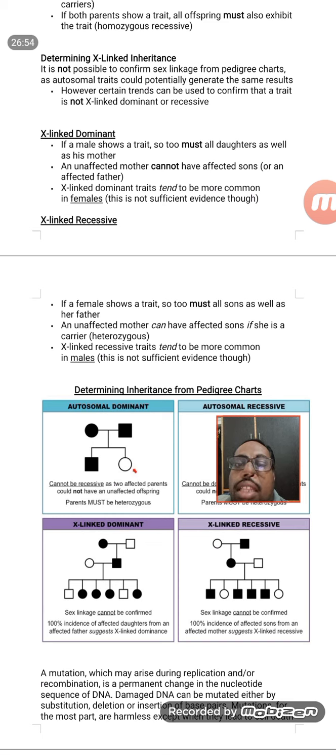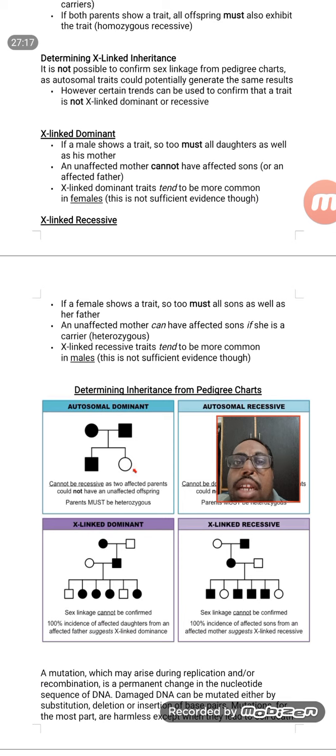What they are saying is that if the male is showing a trait, all the daughters and the mother must be affected or carriers. An unaffected mother cannot have an affected son. So an unaffected mother itself cannot have an affected son.